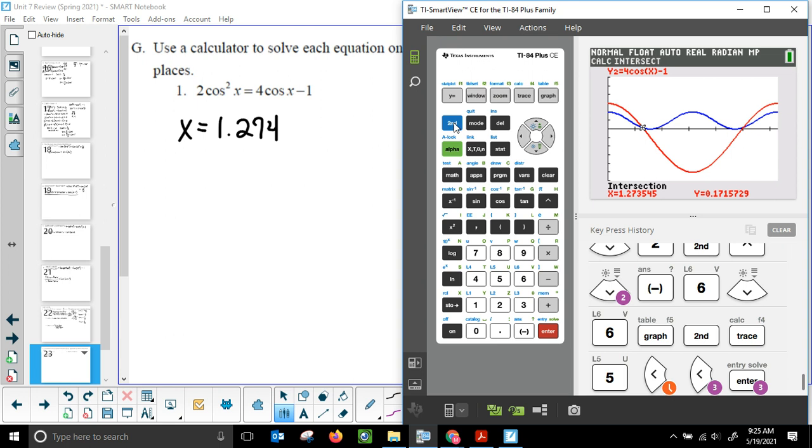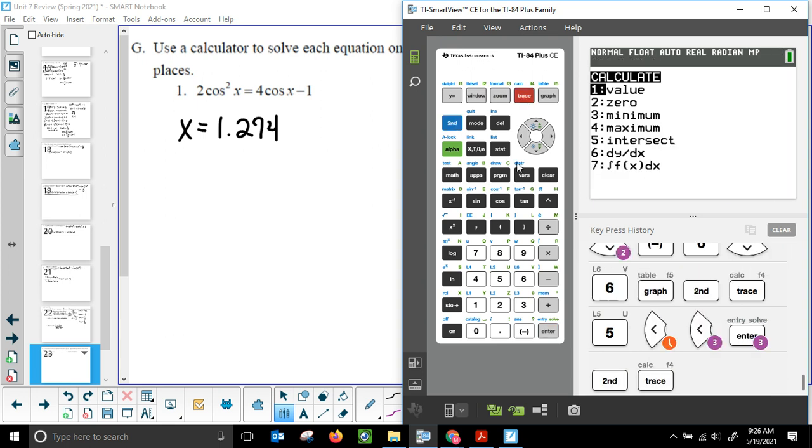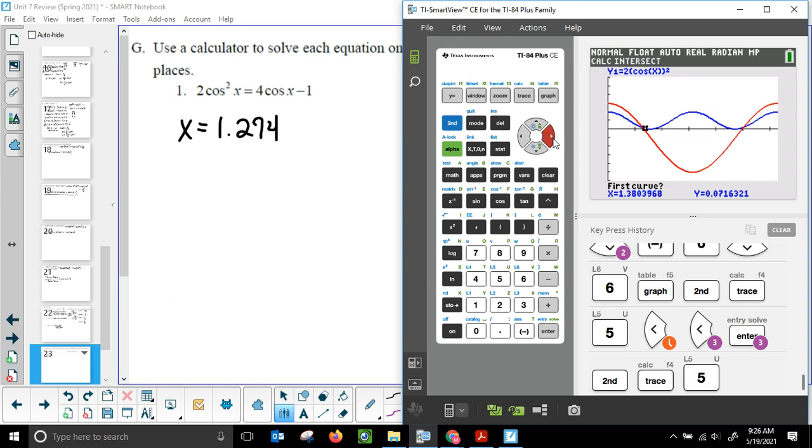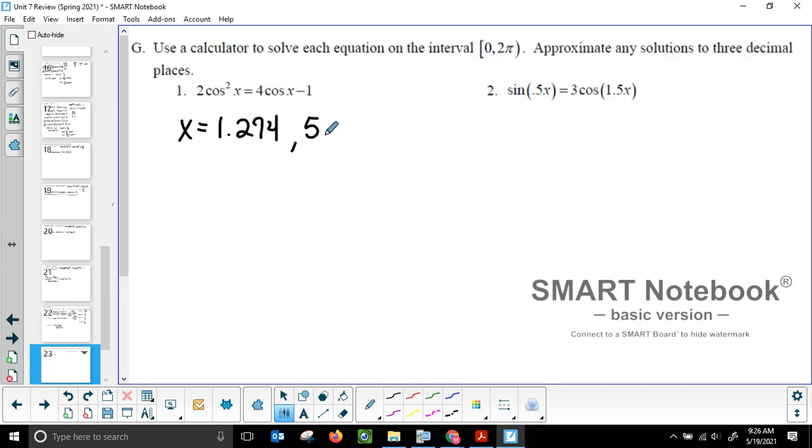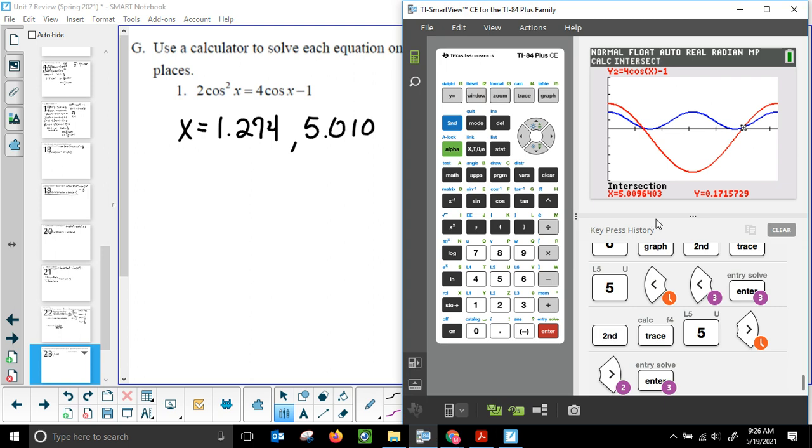All right. We can do that again. Second trace, 5 for intersect. This time I scroll over to the other point of intersection. Hit enter 3 times. 5.010. Right? Again, do make sure that you people know how to round.